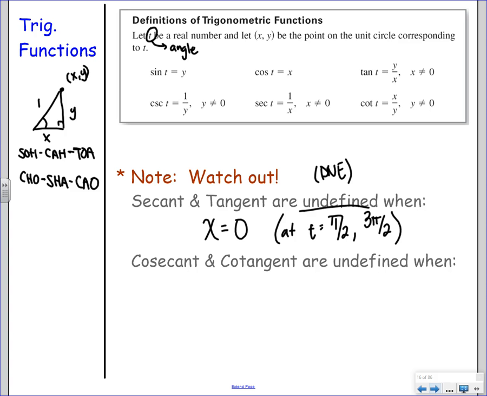Cosecant and cotangent both have y in the denominator. That happens when y equals 0, and that's going to happen on the x-axis when t equals 0 and pi.